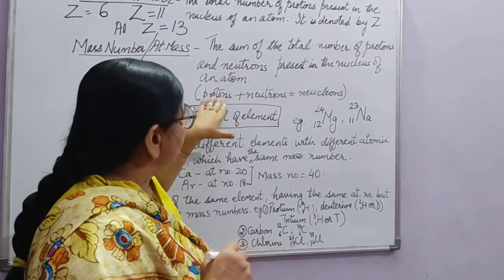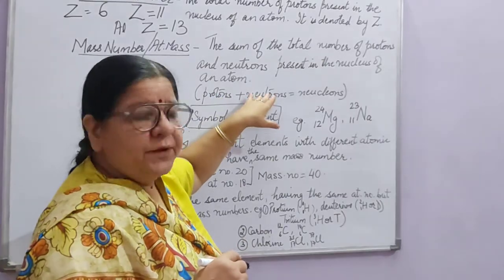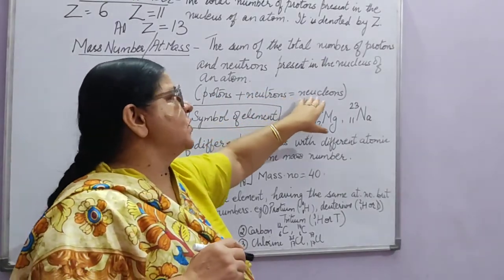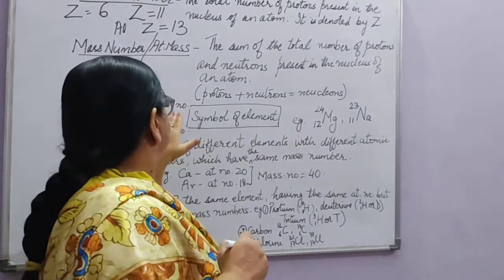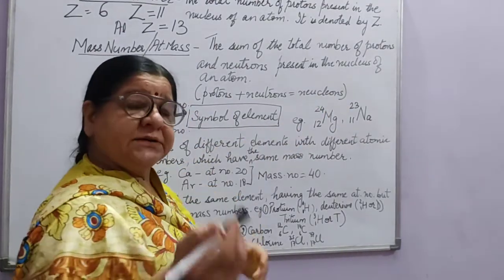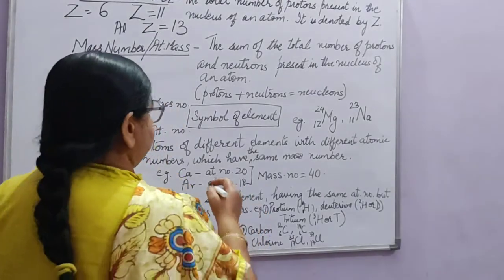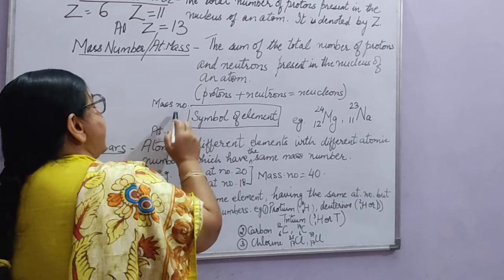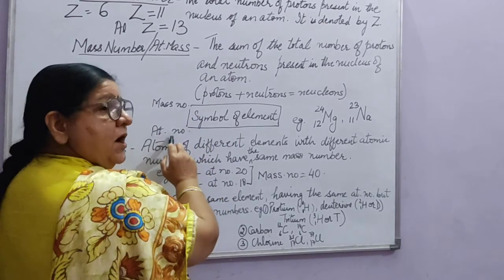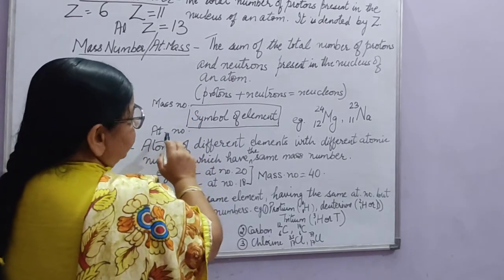These protons plus neutrons together are known as nucleons. Now, how will the atom be represented? We put the symbol of the element, and then the mass number here and the atomic number here.